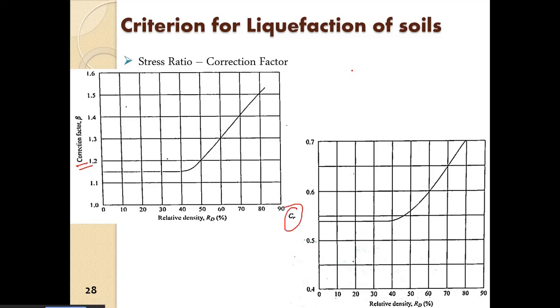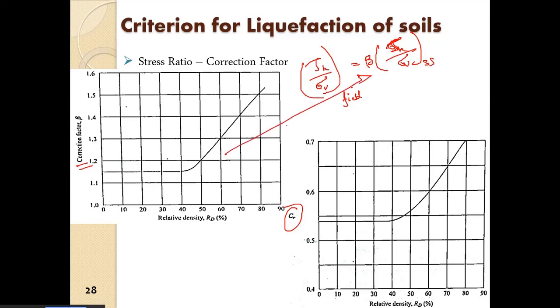All right. So ultimately tau h by sigma v in the field is equal to beta into tau h by sigma v. It will be for the simple shear, right? So this is for the simple shear.